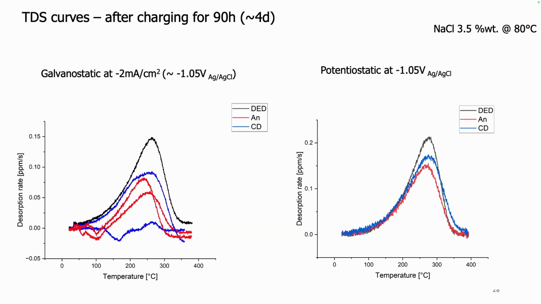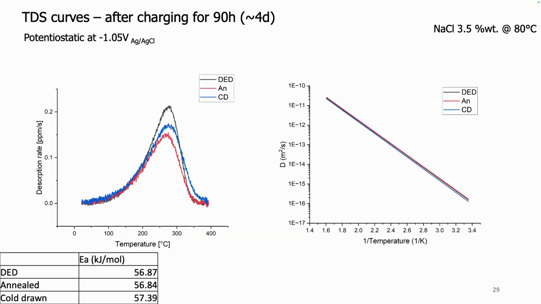So the reproducibility of the charging was not good. At that time we were charging at -2 milliamps. That was around -105 volts, but there was a massive drift on the potential. So then we started doing potentiostatic charging. This is just a technical note. And we improved the desorption, the ppm rate. But then when we actually analyze the difference in the material, there is not much.